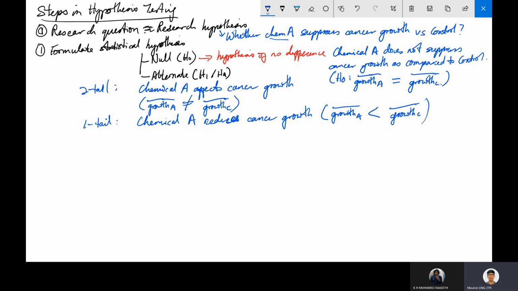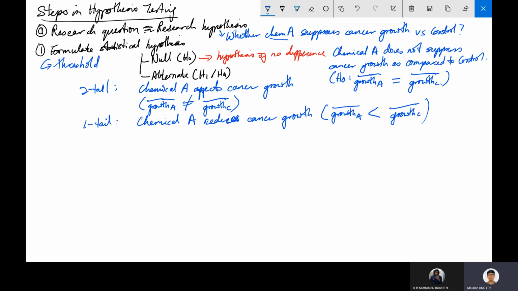So for one-tailed and two-tailed tests, you have to define which it is. Then after that, there are a few more steps to do. In your hypothesis testing, you also need something known as the threshold. Let's say, for example, in a test you score 70 marks out of 100. Is it good or bad?